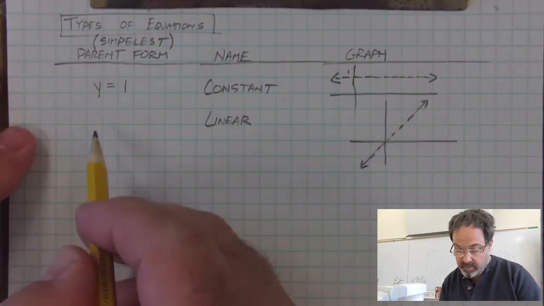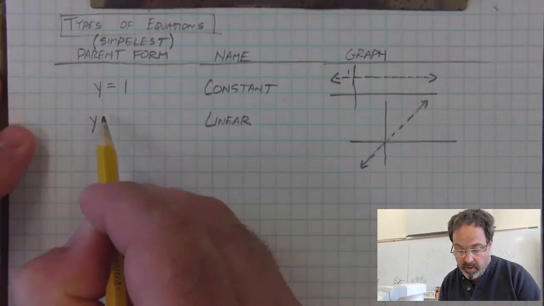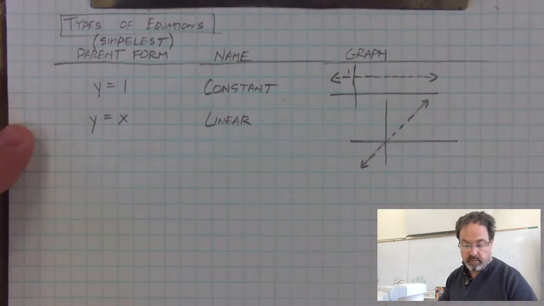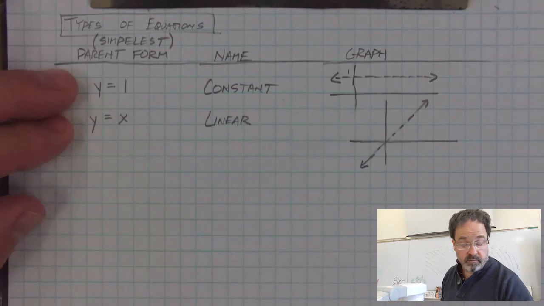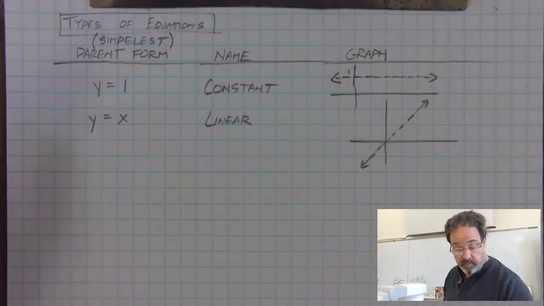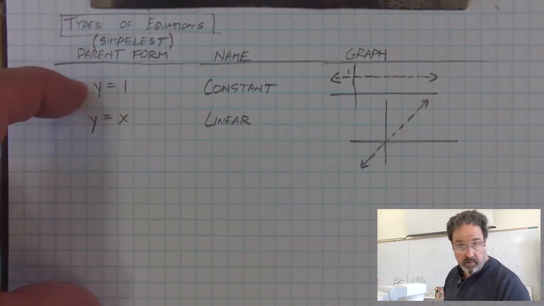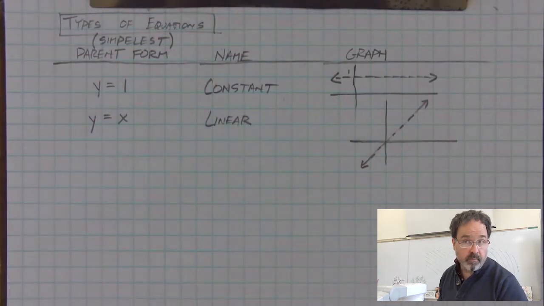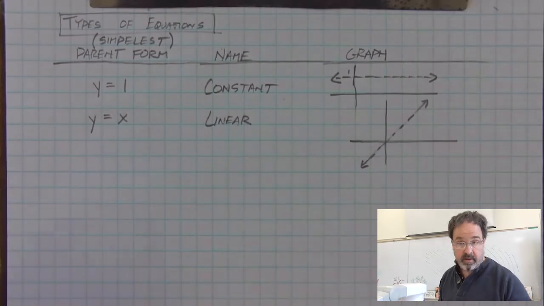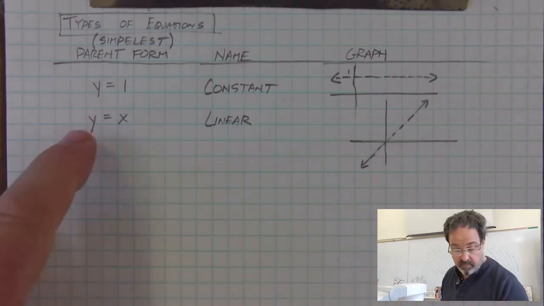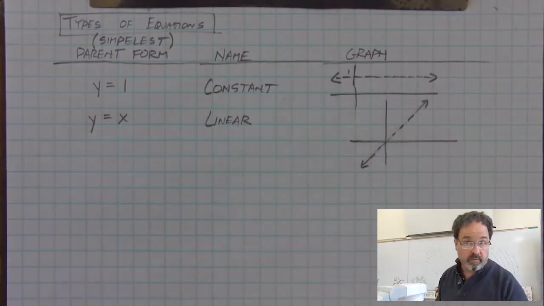And the very simplest linear equation is y is equal to x. These two equations belong to different families. They're similar, but this first one that's a constant is y is equal to some number, in this case 1, whereas a linear equation has a variable in it. The simplest is y is just equal to x all by itself.